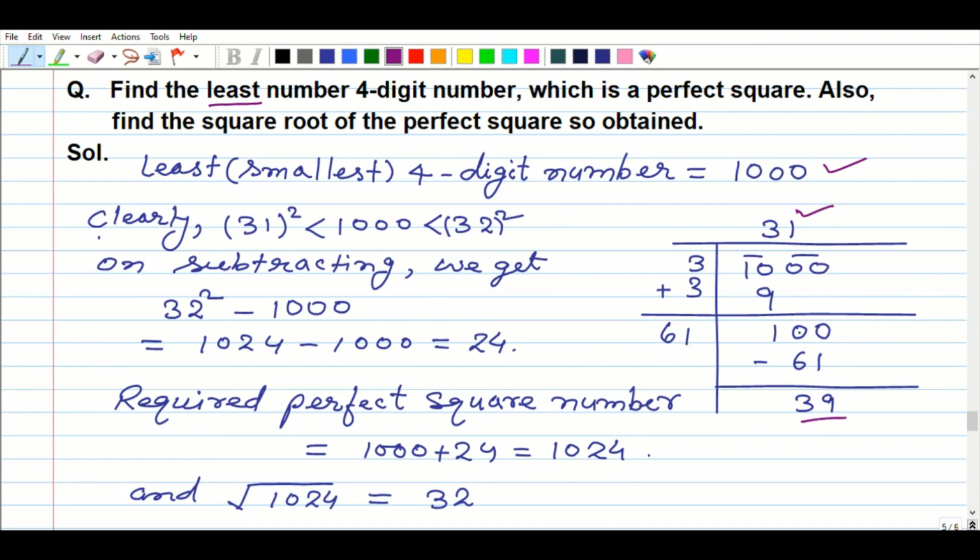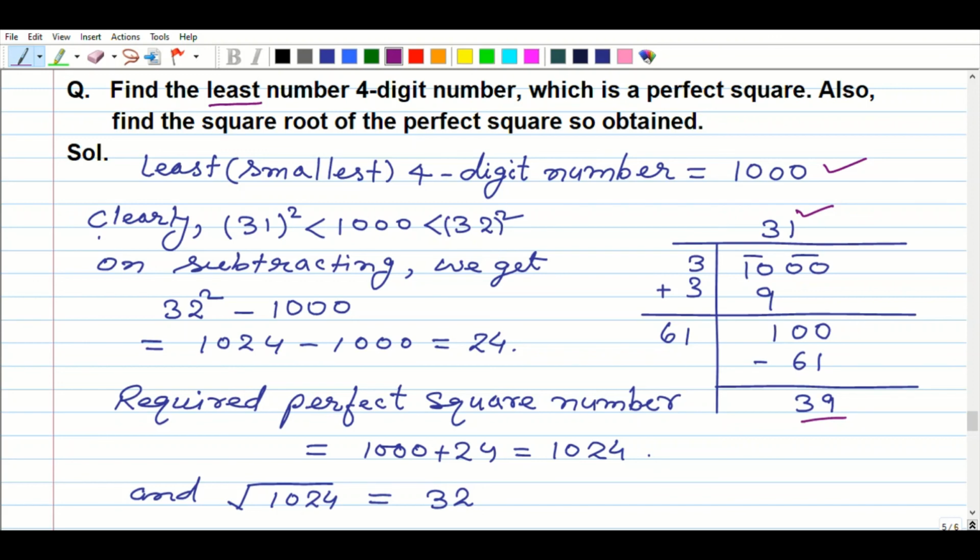Don't worry. Compare 31 square and 32 square. That means the smallest 4-digit number lies between which square numbers? That is 31 square, which we already got, and 32 square is the next square number.